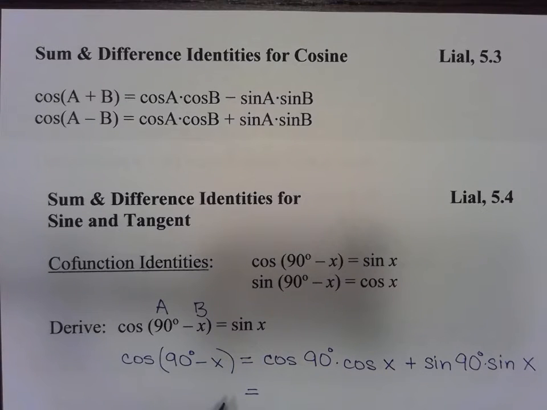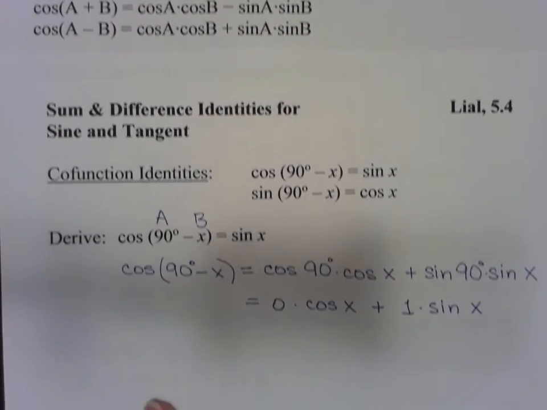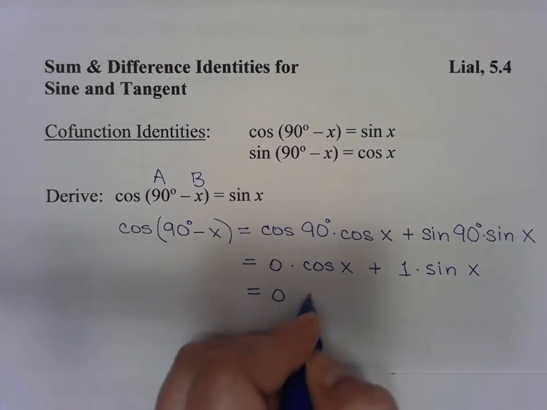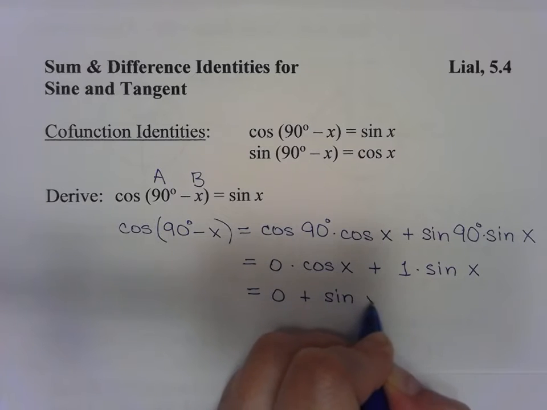The cosine of 90 degrees is 0. So this is 0 times cosine of x plus the sine of 90 degrees, which is 1. I'm really picturing the unit circle in my head here. I hope you are too. 0 times anything is just 0, and 1 times the sine of x is just the sine of x.